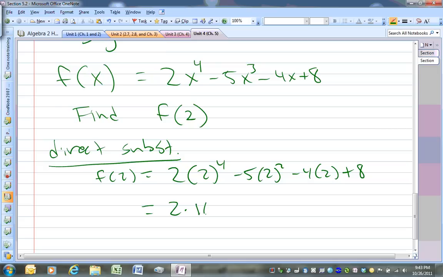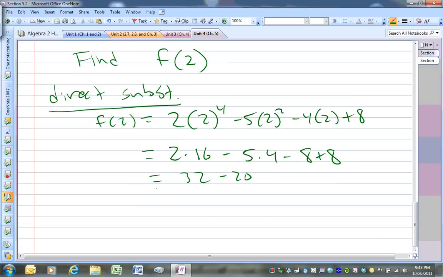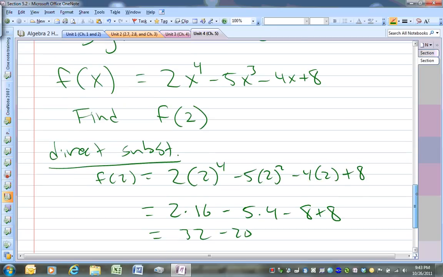Which would be 2 times 16 minus 5 times 4 minus 8 plus 8. Which would be 32 minus 20. And because the negative 8 plus 8 go away, so you just get 12. So it's not too bad. I mean, you have to be careful, obviously, that you're following all the order of operations, stuff like that.